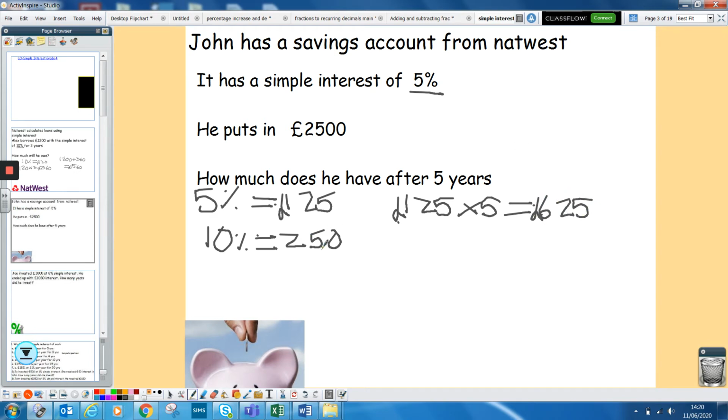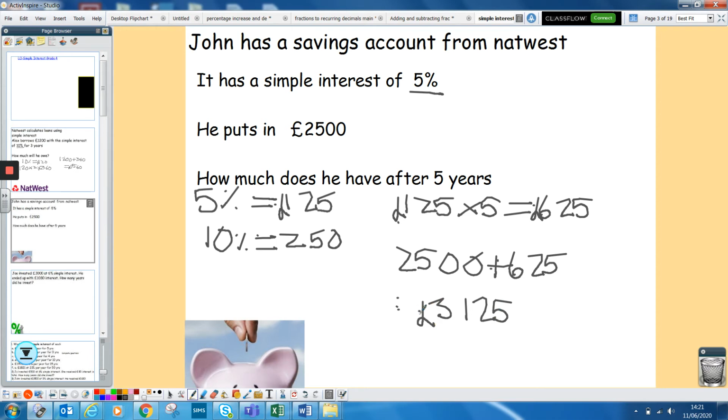So how much does he have? He'll earn 625, so you add that on. So in his bank at the end of this, 2,500 plus 625 is going to equal £3,125. That is how much he'll have in his bank.